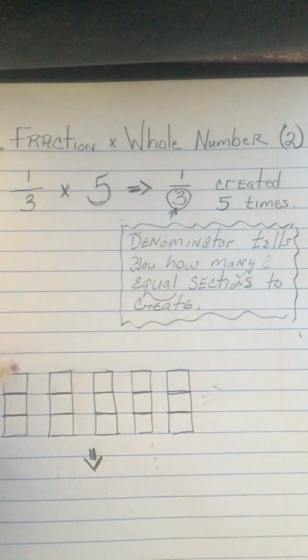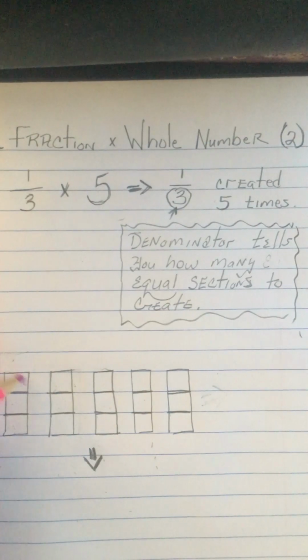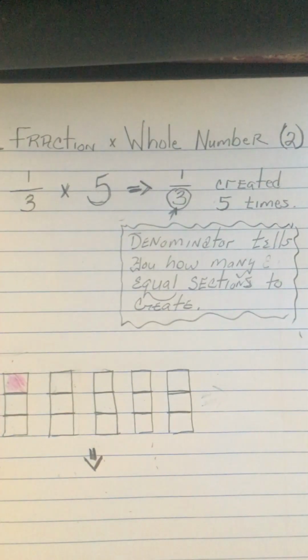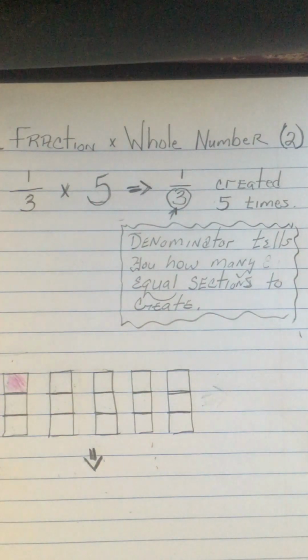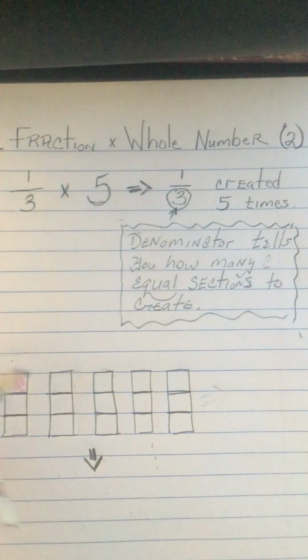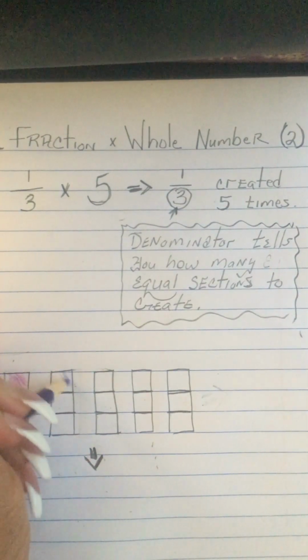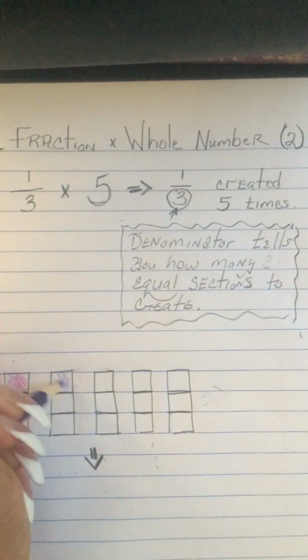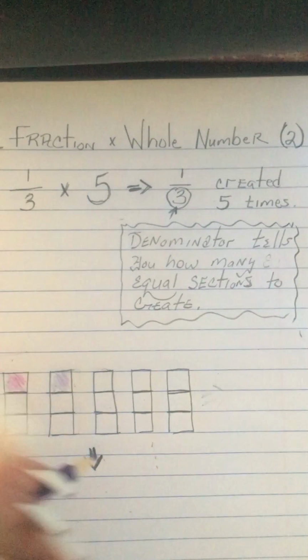On my first one, I'm going to create 1/3. Here's 1/3. Here's my second 1/3.